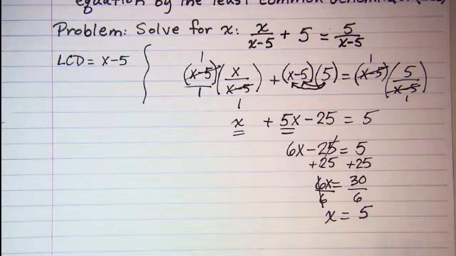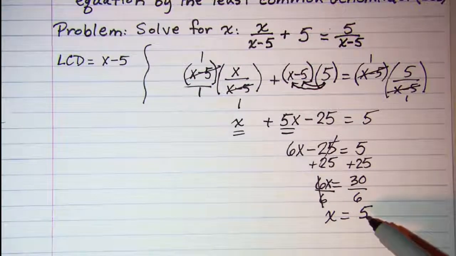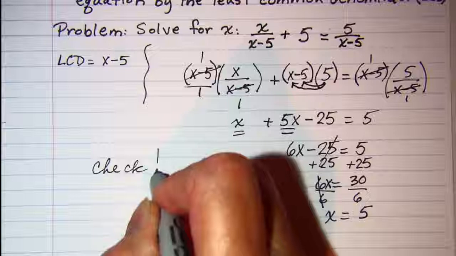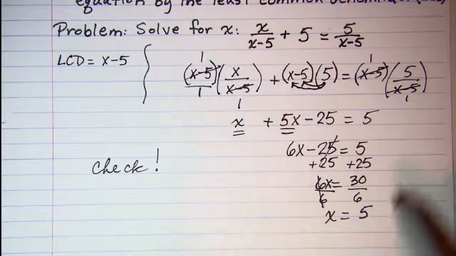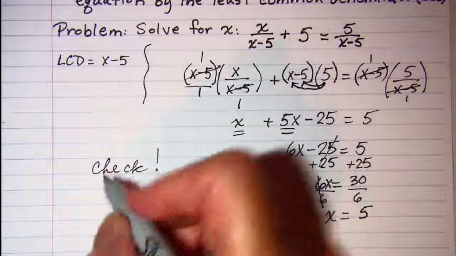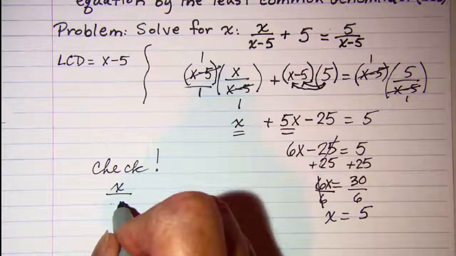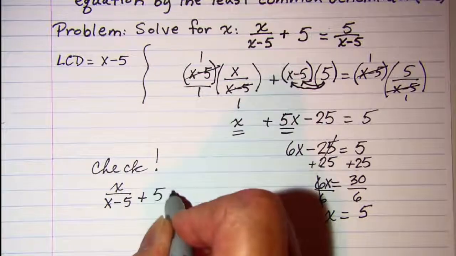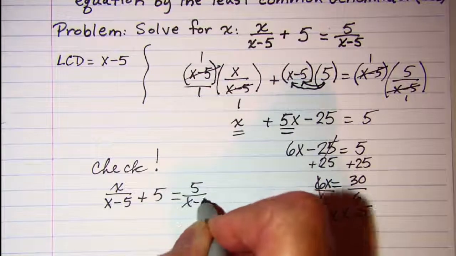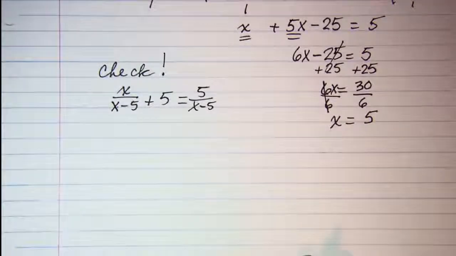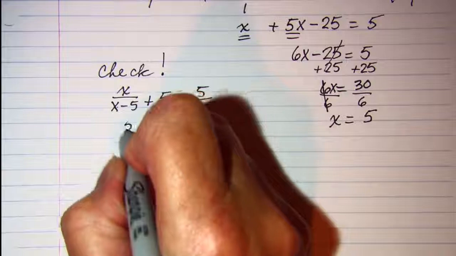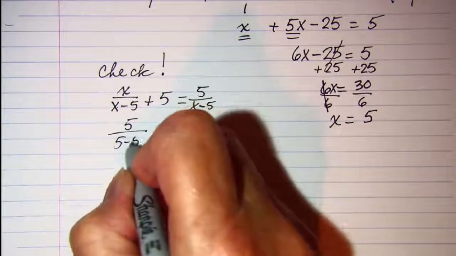Now, whenever you're working with a rational equation, you have to check and make sure that your solution does not cause division by 0. So we need to check. If we put 5 into our equation, let me write the equation here. Right, now we're going to sub 5 in here, so every time we see an x, we'll put 5. So 5 over 5 minus 5.